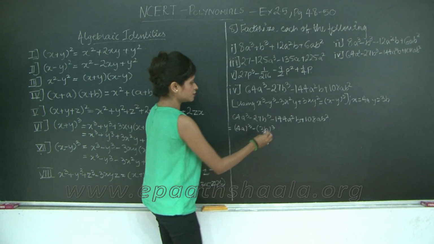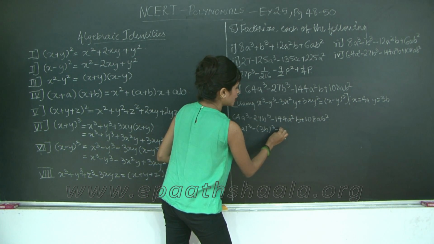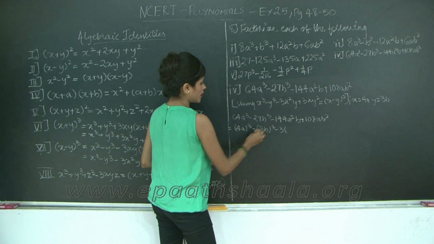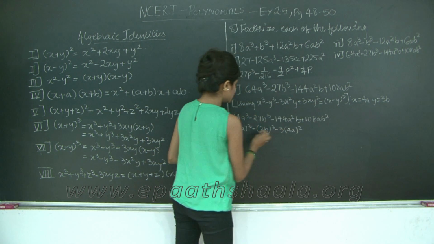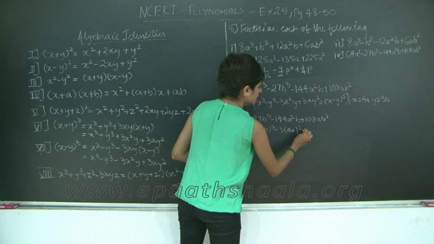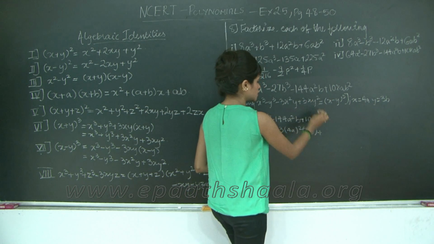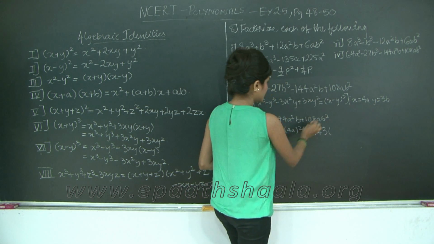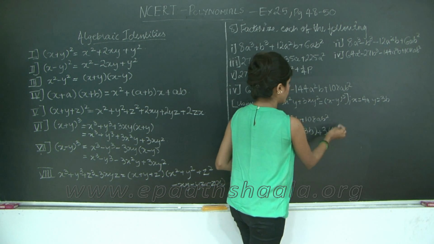Now let us substitute. Now my next term, the third term, is going to start with 3. So I write 3 x square y. So x square is 4a the whole square into y, which is 3b. Again plus 3xy square. So my x is 4a and y is 3b.